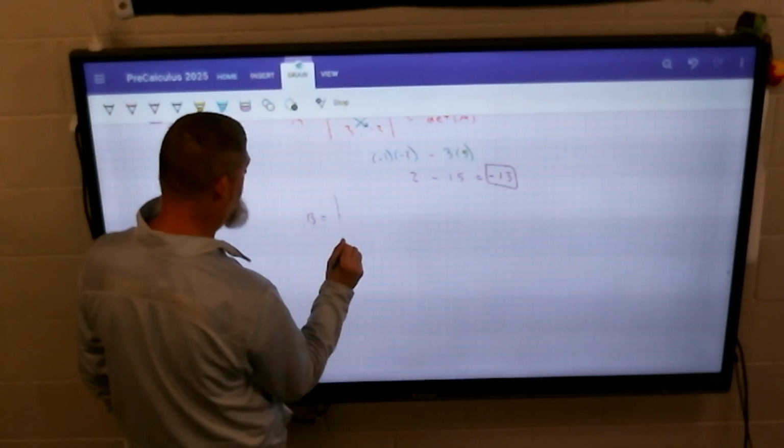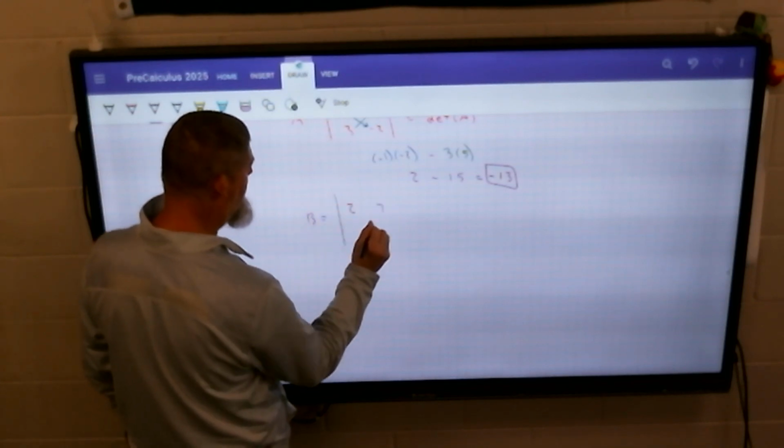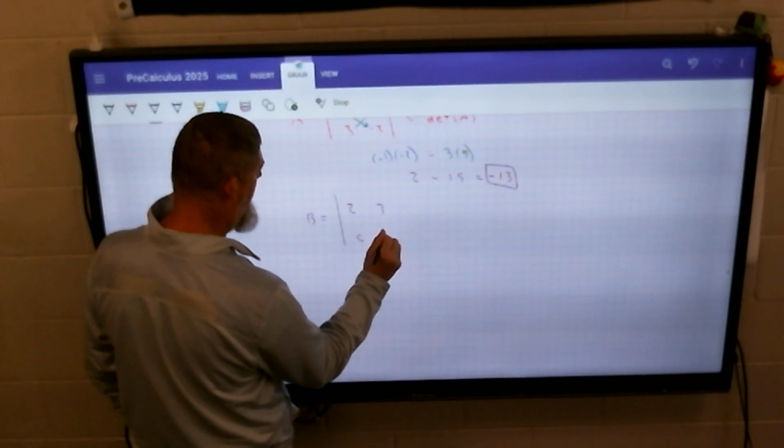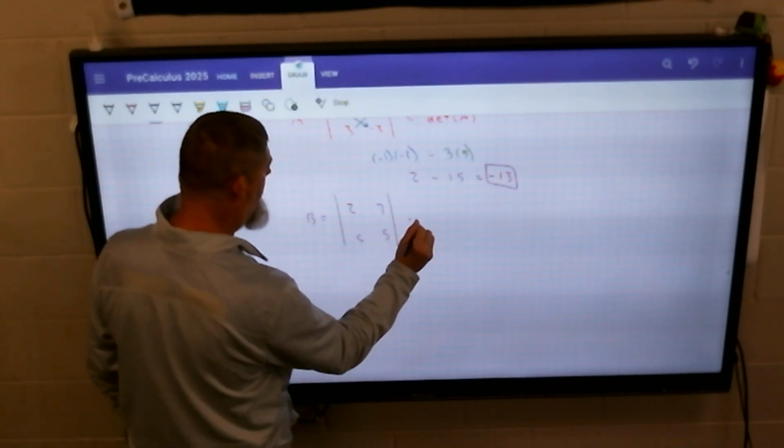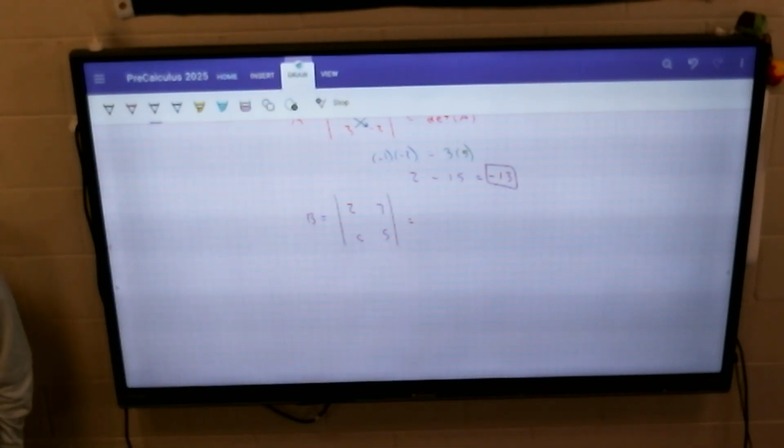Find the determinant of 2, 7, C, 5. You will have an answer with a letter in it, because there's a variable in here.